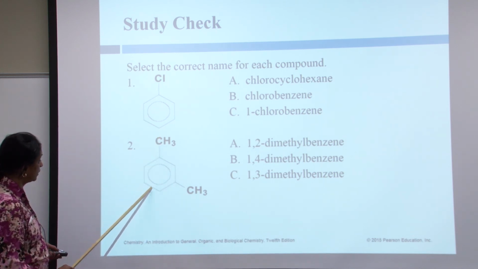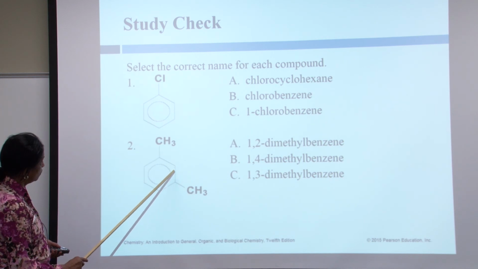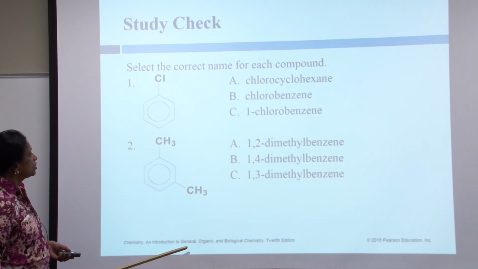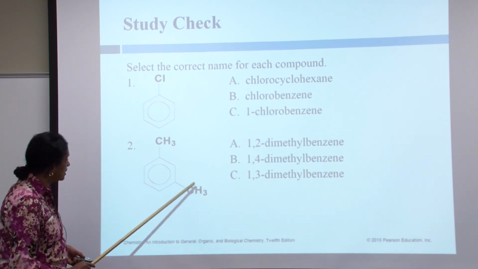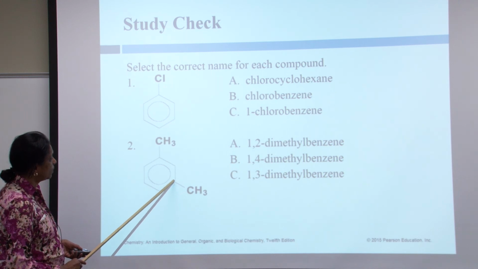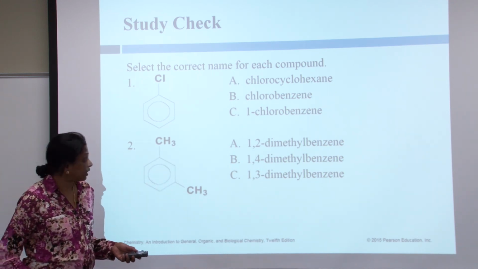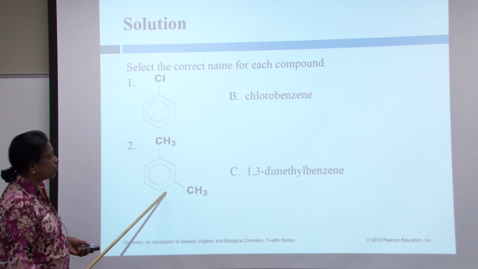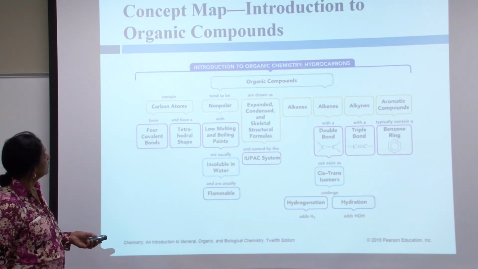This is toluene, benzene, 1, 2, 3. So I'm going to say 1,3-dimethylbenzene. If I say 1 here, it becomes 3, and if I say 1 here, this is 3. Let us see if we are correct. This is chlorobenzene, and this is 1,3-dimethylbenzene. So we were right.